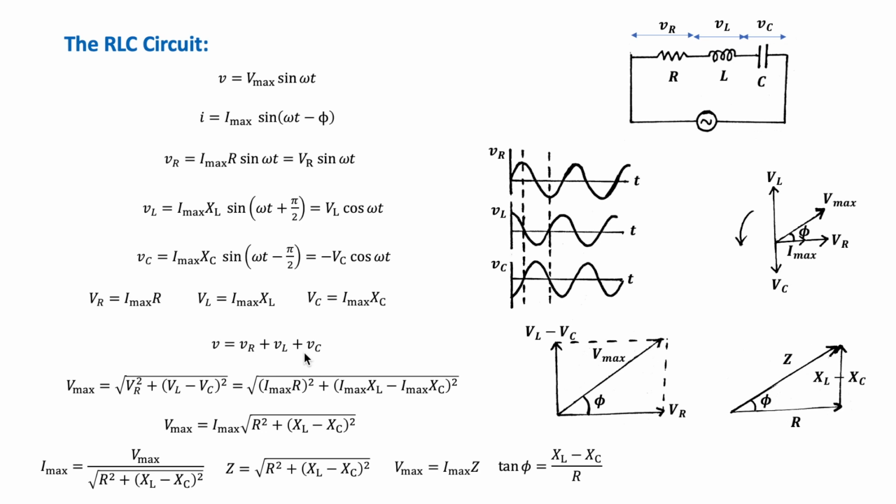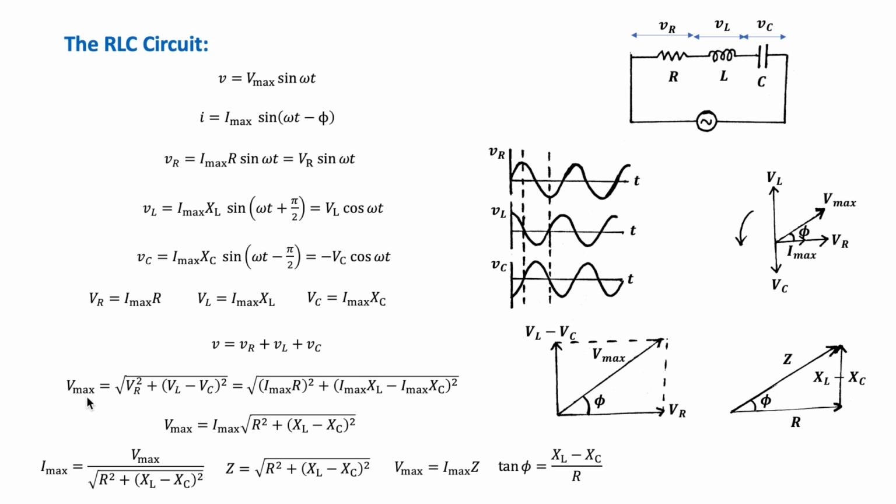Because the current is the same in each element at any instant, and using the phase diagrams we obtained previously, we may combine them into this figure here. As you can see, the vector sum of the voltage amplitudes V_R, V_L, and V_C is equal to a phasor of length V_max that makes an angle φ with the current phasor I_max.